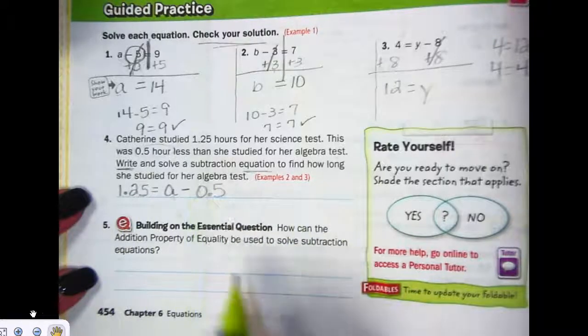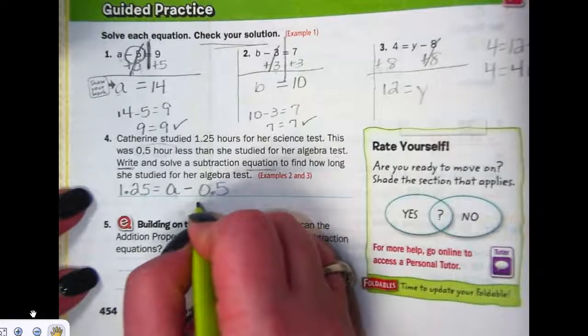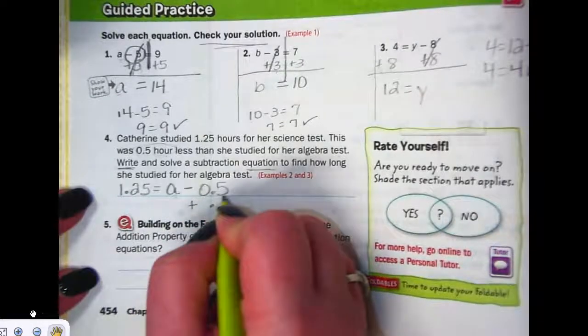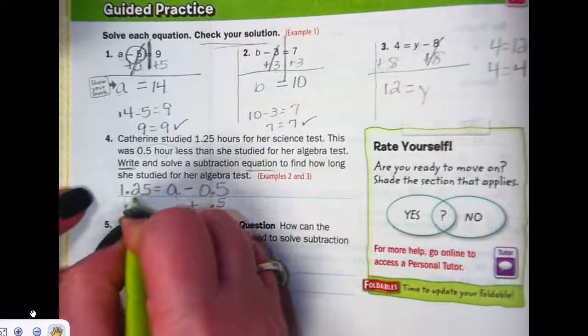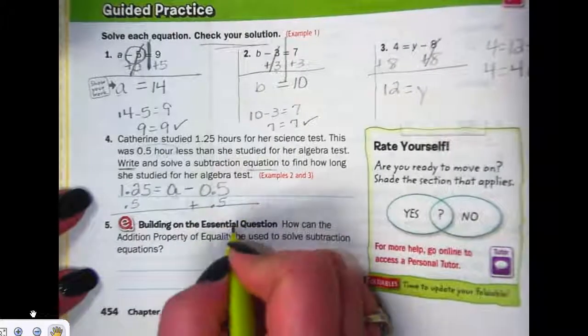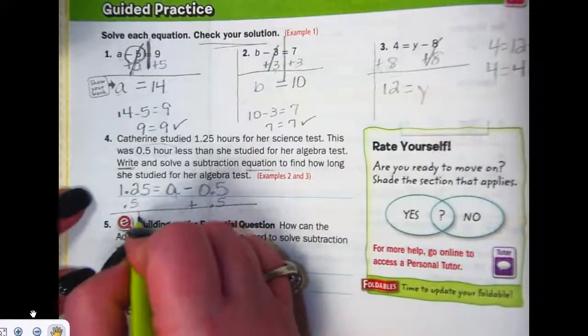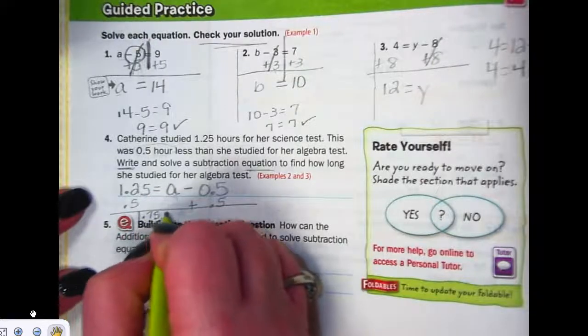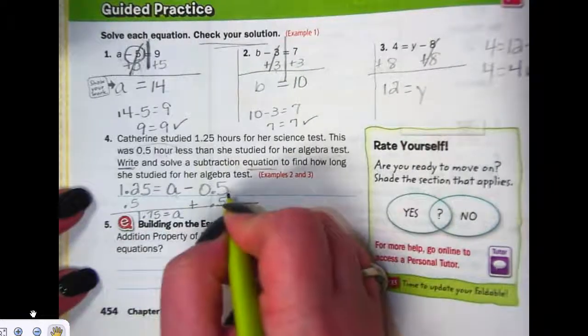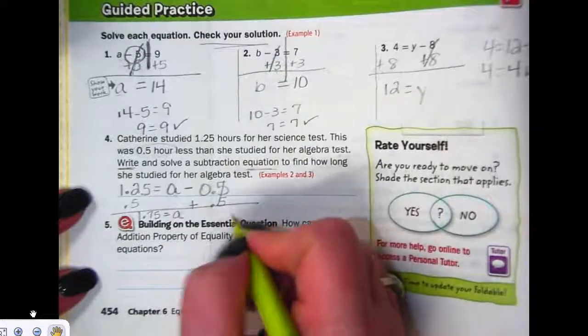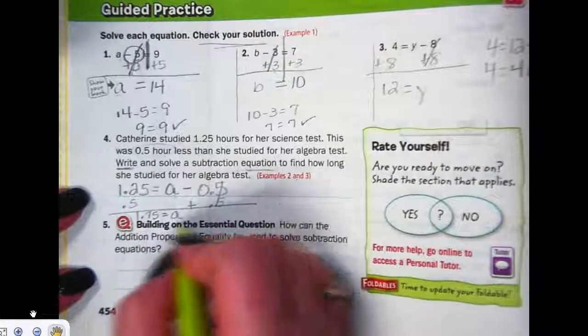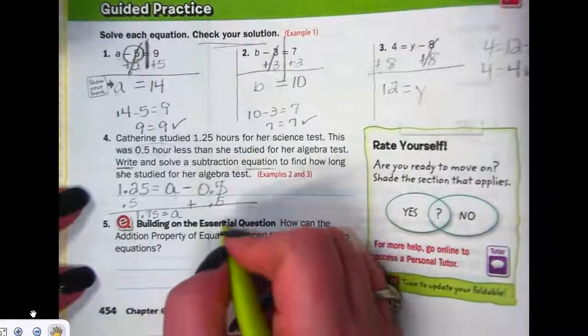So the math that we're going to do is we are going to add 5/10 of an hour, or half of an hour, to both sides. And so we're going to get 1.75 equals A. This goes away, a negative and positive. So, how long did she study for the algebra test?